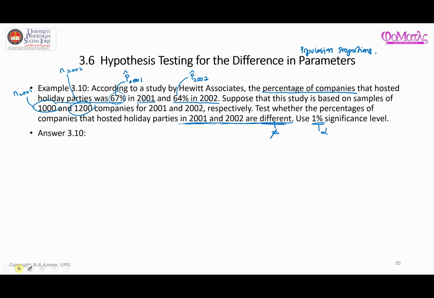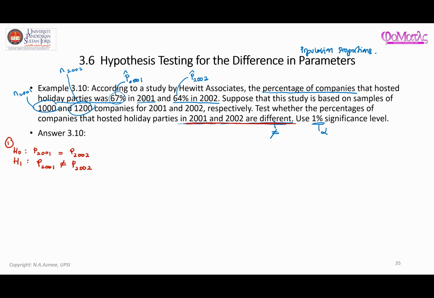Alright, so now we're going to start with writing the null hypothesis and the alternative hypothesis. We start off with the alternative hypothesis because this is what is given here, and we're going to say that the percentage or the proportion for 2001 is different, which means not equal to the percentage in 2002. And because of that, we know that our H null must be the proportion of 2001 is equal to the proportion of companies that hosted holiday parties in 2002.